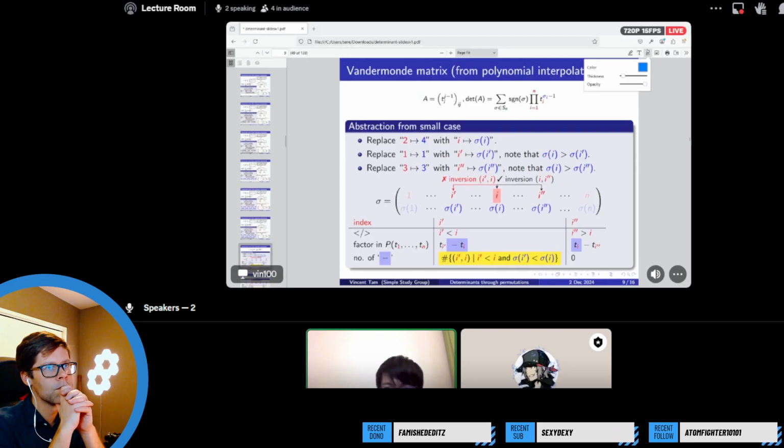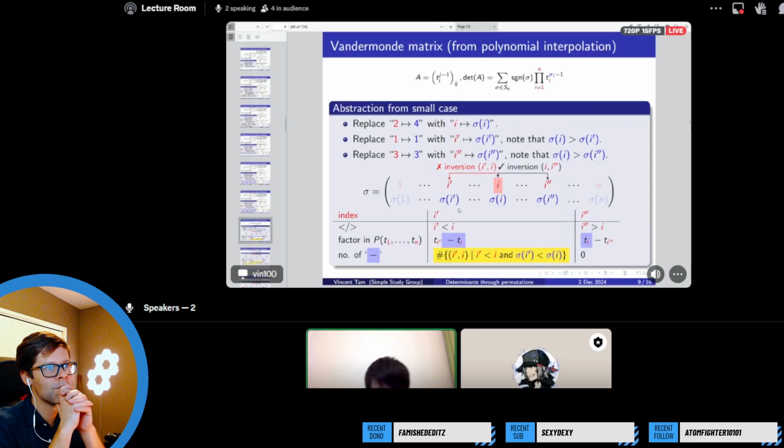Sorry, I don't know why it doesn't work at the moment, so I'll just forget it. Here we have a sigma i, and sigma i is higher, and a sigma i dash dash is lower, so it goes down. And if it goes down, there is an inversion here.